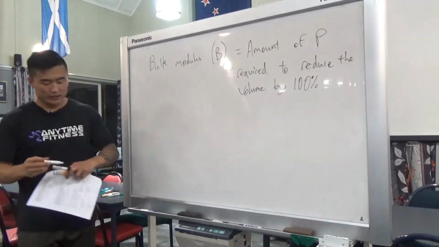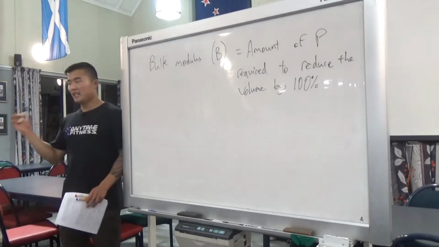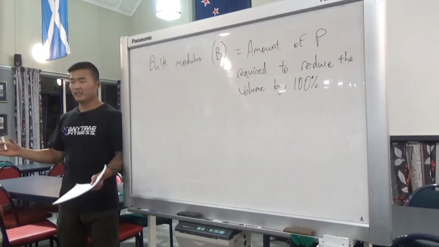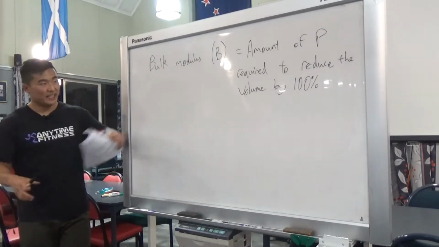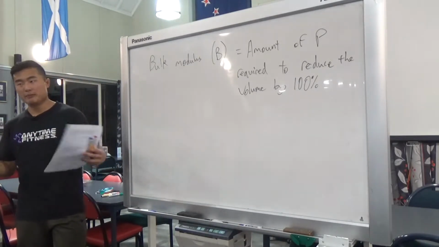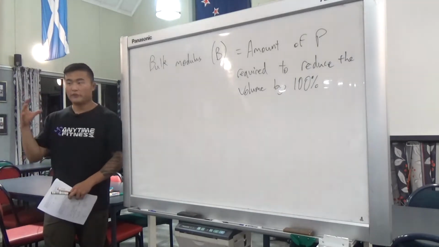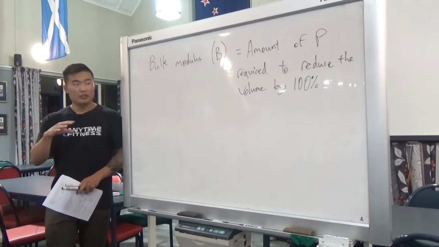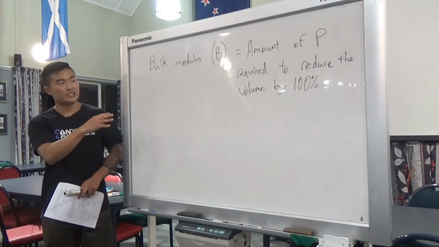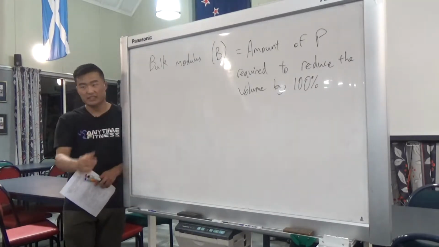Okay? So in reality, you'd never be able to reduce the volume by 100%, because if you did that, the volume would be 0. Right? But that's an easy rule to remember, because that means that if you want to reduce the volume by 5%, then you only need 5% of the bulk modulus.